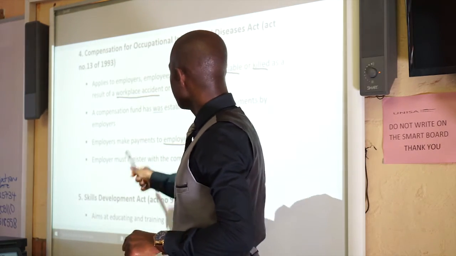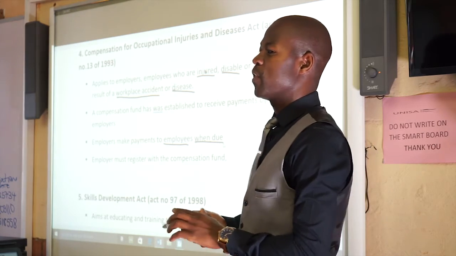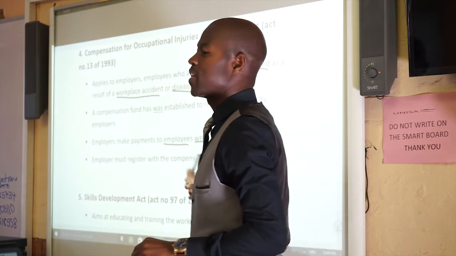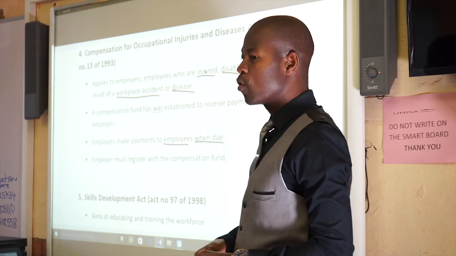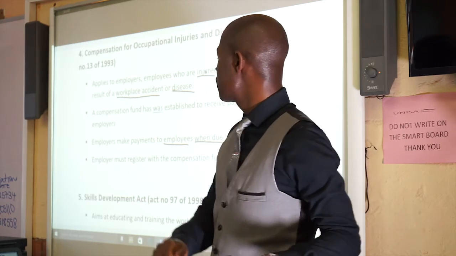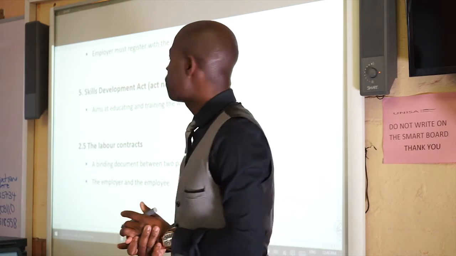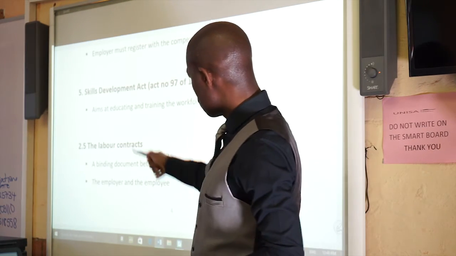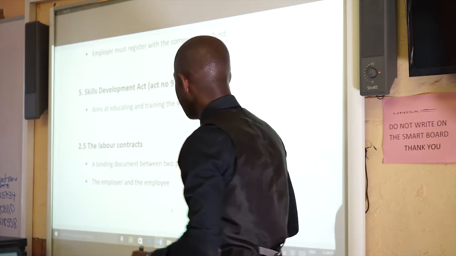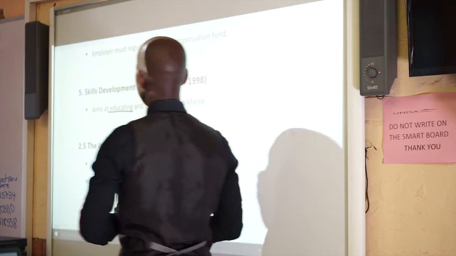And also, it is said that an employer must register with the compensation fund so that they are able to access these funds. But also, the other part that we're going to look at is the Skills Development Act, which is Act number 97 of 1998. What does this one speak to? Its main aim is to educate and train the workforce.